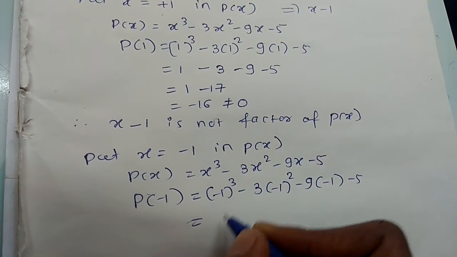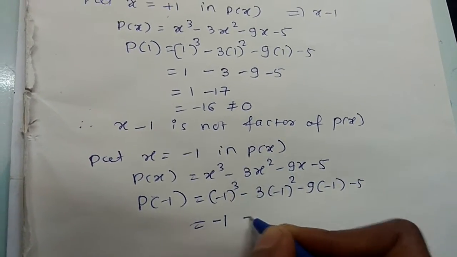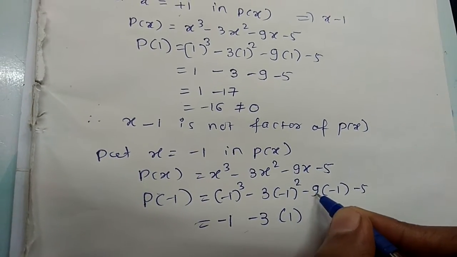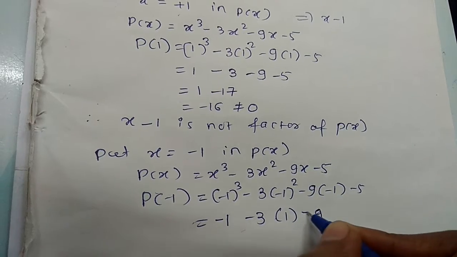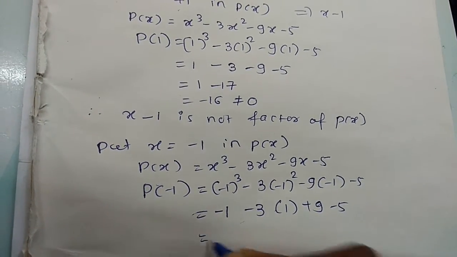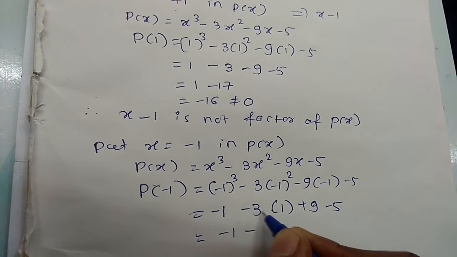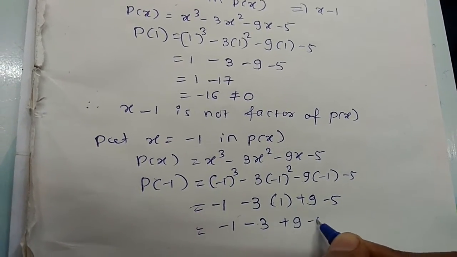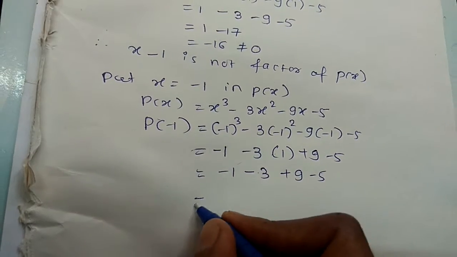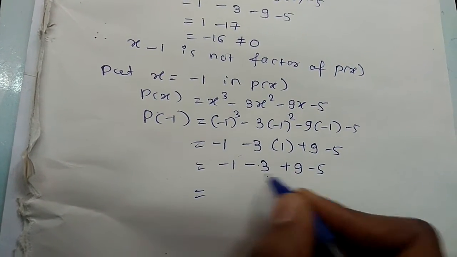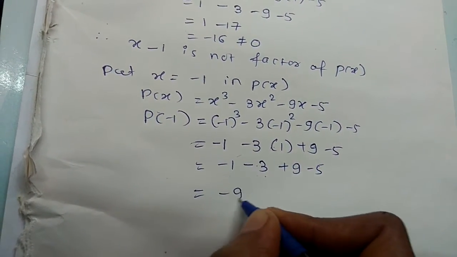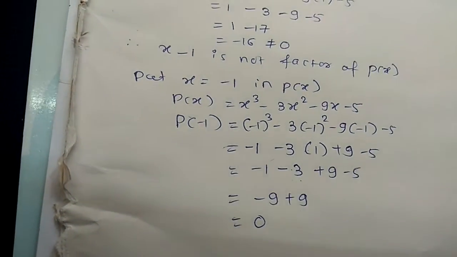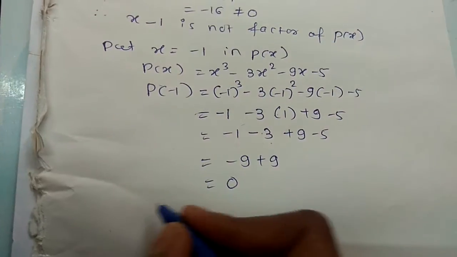So minus 1 cube is minus 1, minus 3 into minus 1 square, which is 1, 3 ones are 3, minus 9 into minus 1 is plus 9, minus 5. So this is minus 1, minus 3, plus 9, minus 5. If you combine all these negatives, you will get minus 9, and this is our plus 9. So it is 0.